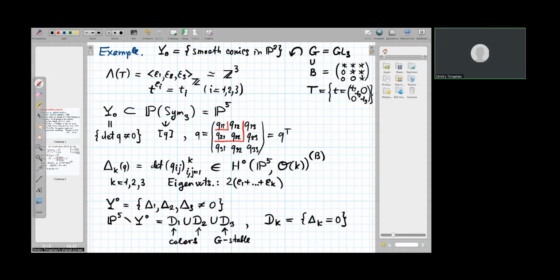And there are no other B-stable divisors on P5. In particular, this means that there are only two colors. So the set of colors consists of D1 and D2. Thus, we have computed all colors. This is the first of our color data.